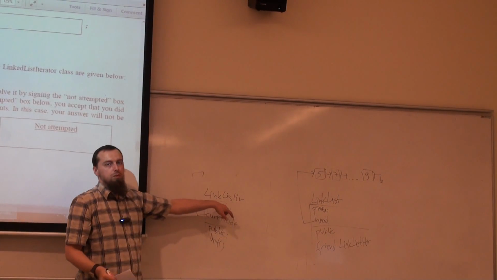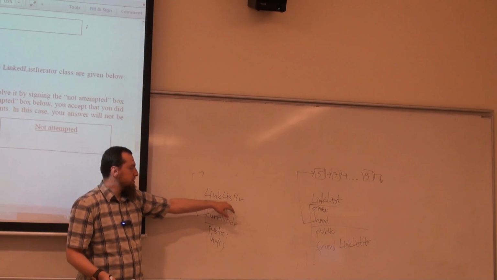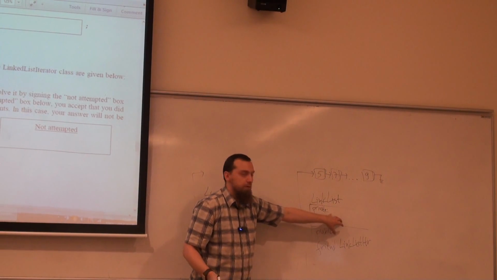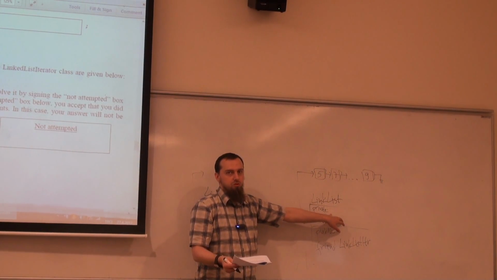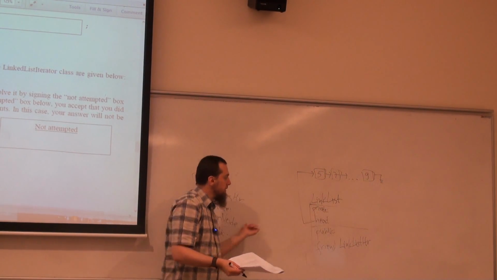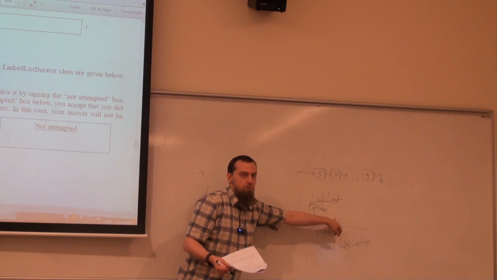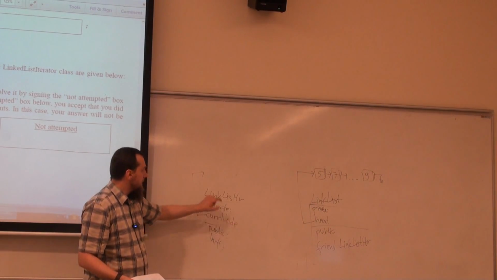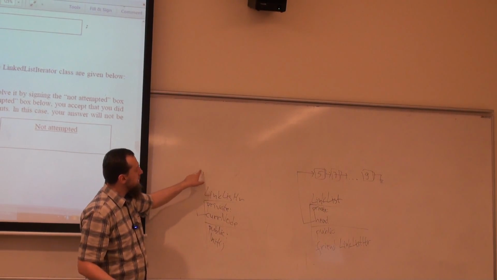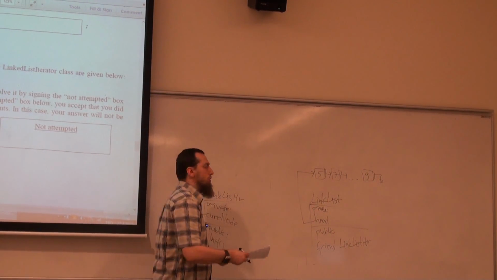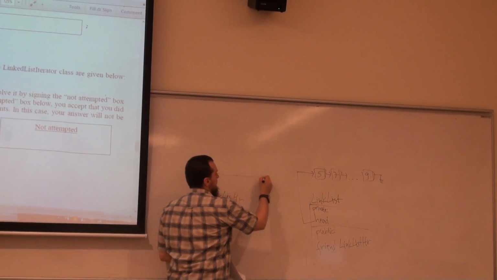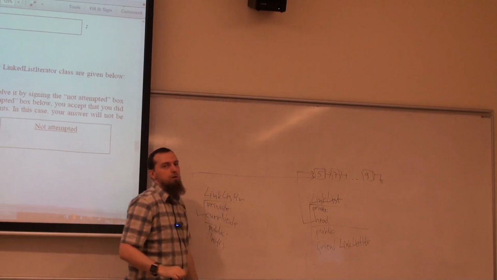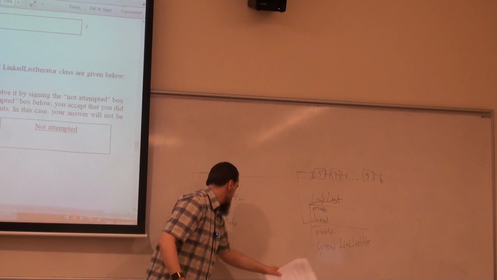When we create an object of linked list iterator, its constructor usually takes a linked list as a parameter. And usually we call the function initialize when we want to go through it. This initialize points to the first node. Initially it's 0, but when I call the initialize function, it points here. It can access it since this is a friend.